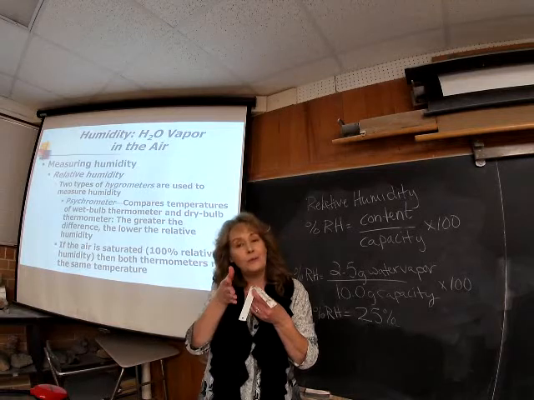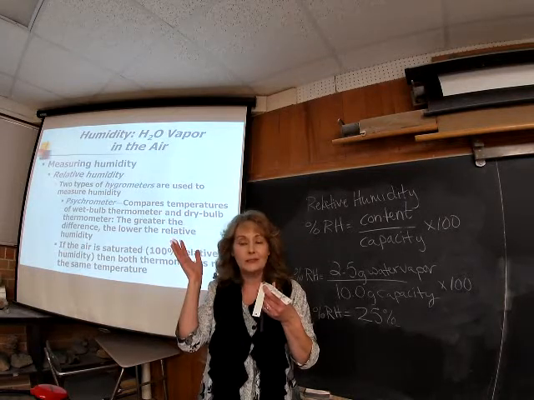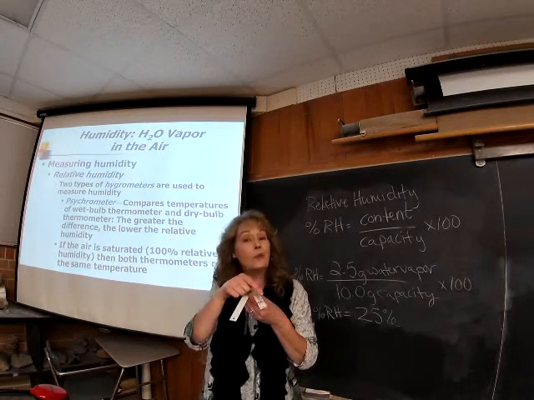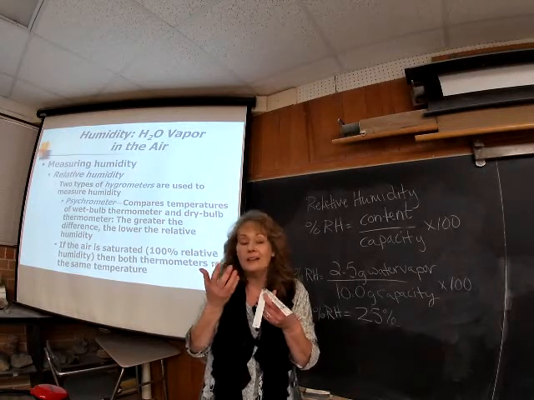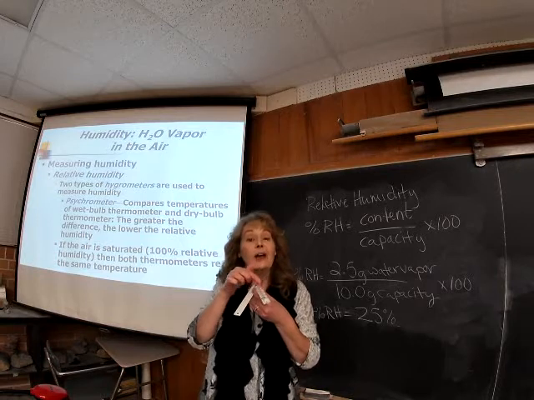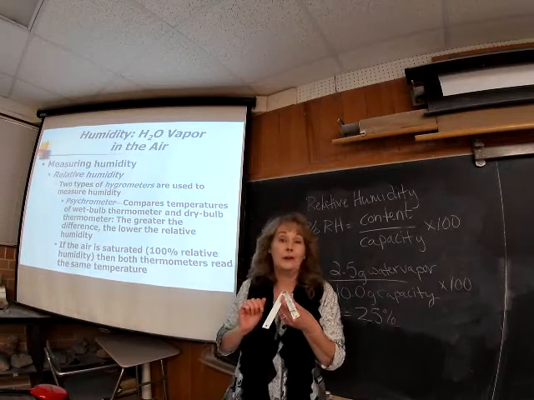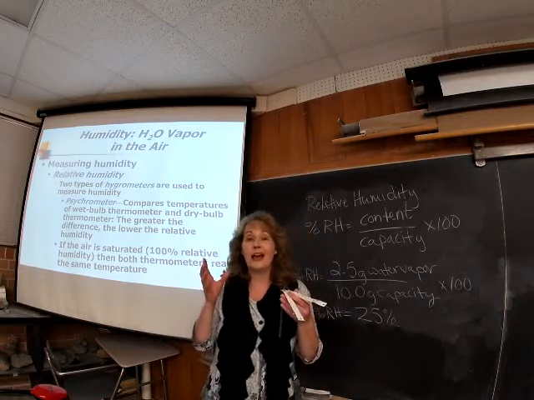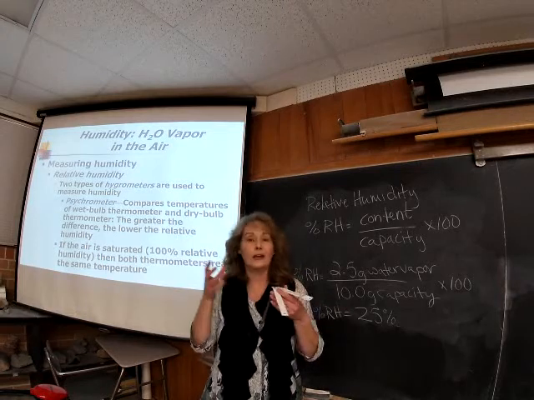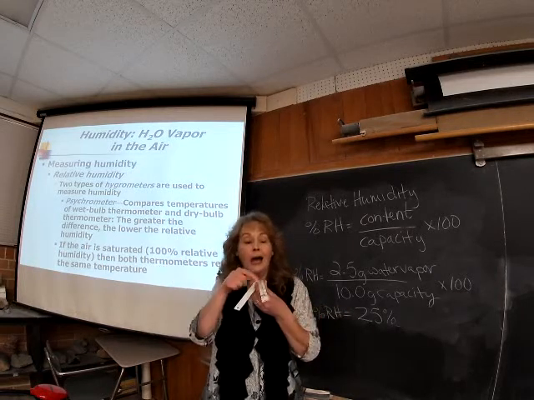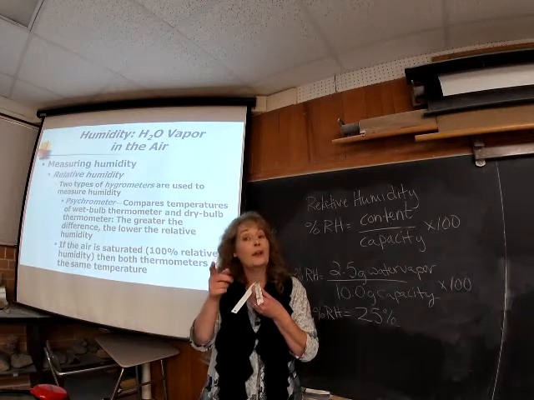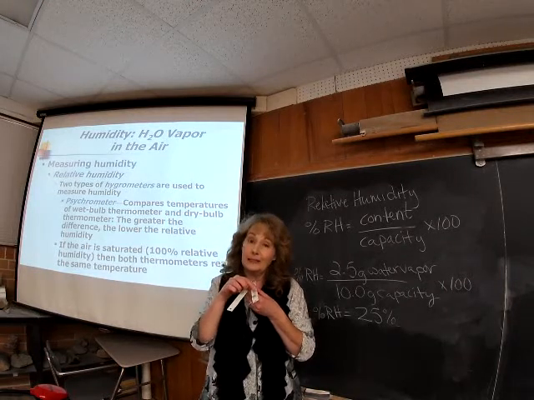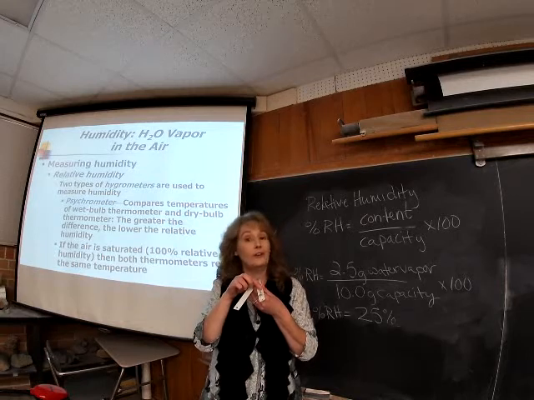So you have a dry bulb temperature, the ambient temperature of the air, and then the wet bulb shows how well your atmosphere is evaporating that water. If you have a saturated atmosphere, saturated with water vapor, the water vapor from my gauze is not going to want to go into the atmosphere, so the temperature on my bulb is not going to change very much.